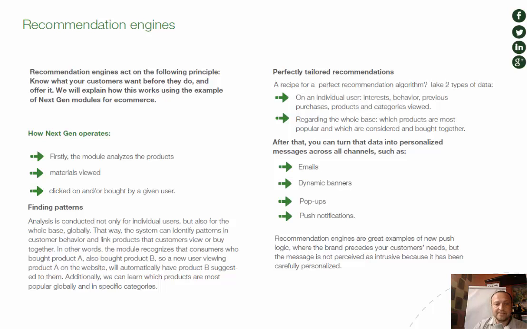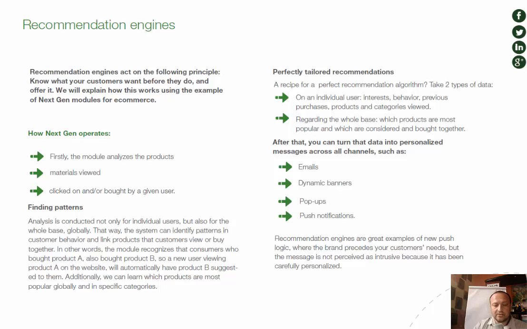That way, the system can identify patterns in customer behavior and link products that customers view or buy together. In other words, the module recognizes that consumers who bought product A also bought product B, so a new user viewing product A on the website will automatically have product B suggested to them.